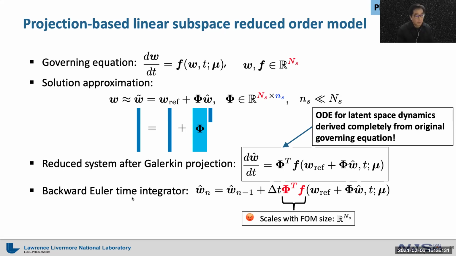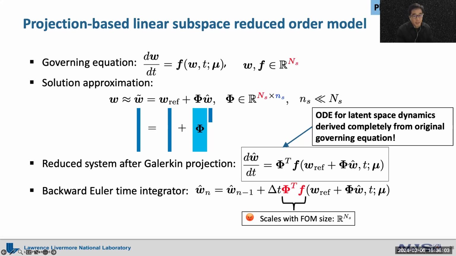But as you all know, for nonlinear problems, it scales with the full order model, so you have to apply hyperreduction, and there are various different types of hyperreduction: DEIM and GNAT, the gappy POD types of methods, or EQP, or ECSW. There are many different types of hyperreduction, which basically try to reduce the complexity of the nonlinear terms.